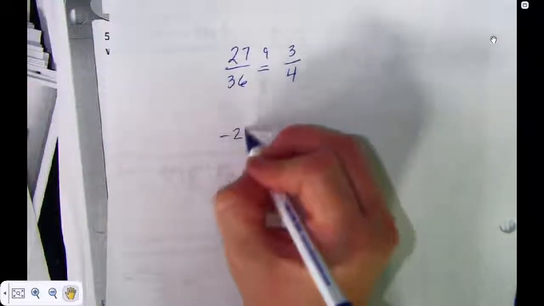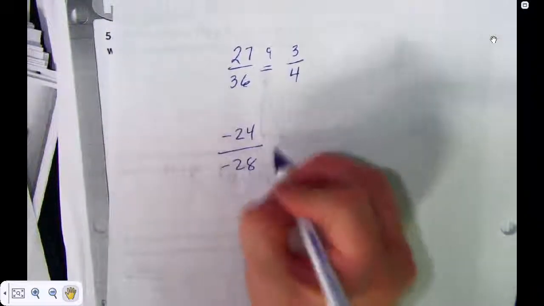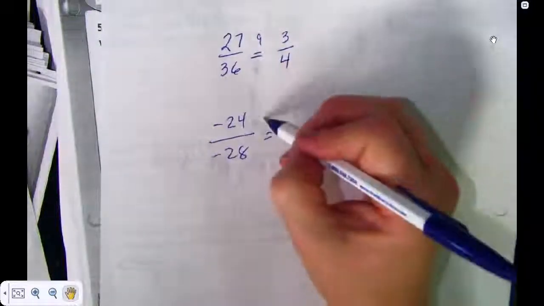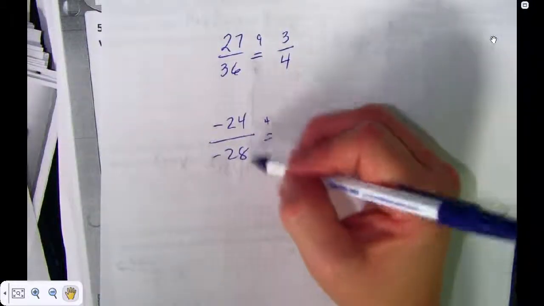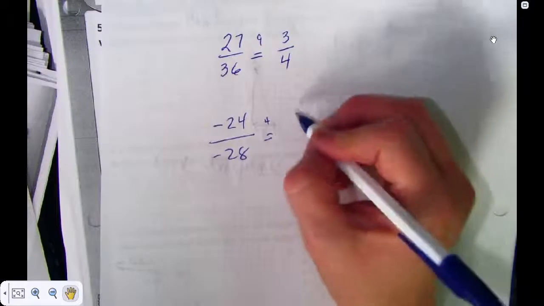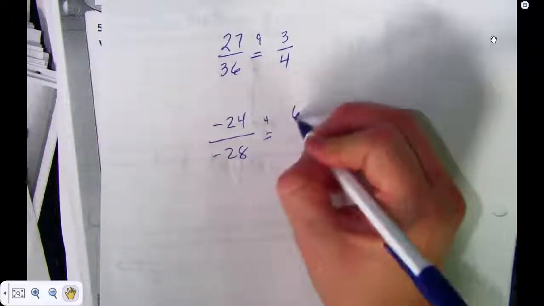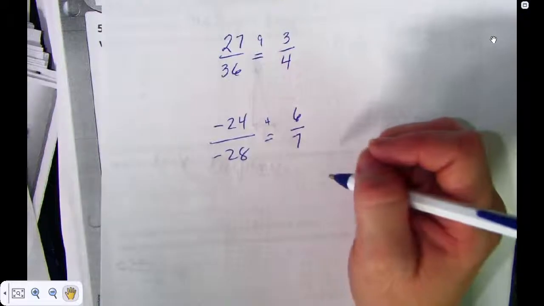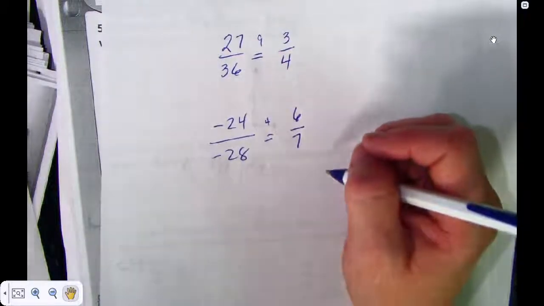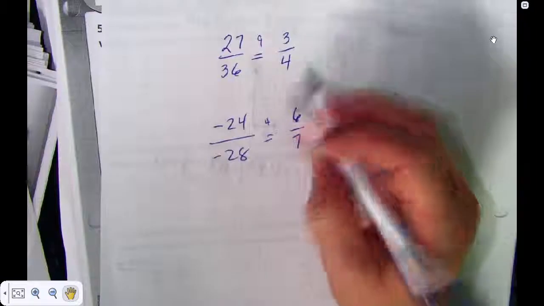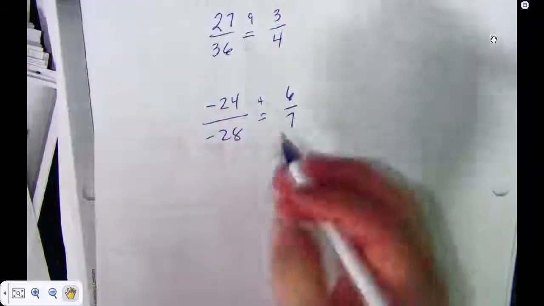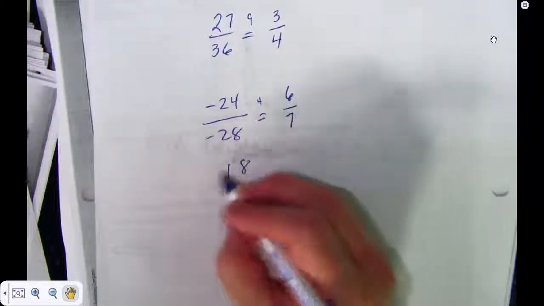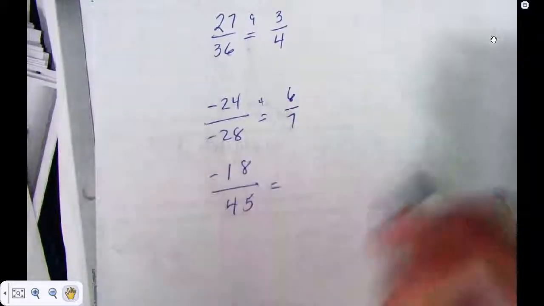What about negative 24 over negative 28? Oh, I heard 4. Yay. So 4 goes into both of them. Those are both multiples of 4. So it's going to be what? Positive or negative? Why is it positive? There's 2 negatives, so it's going to be positive, guys. Okay, what about negative 18 over 45?